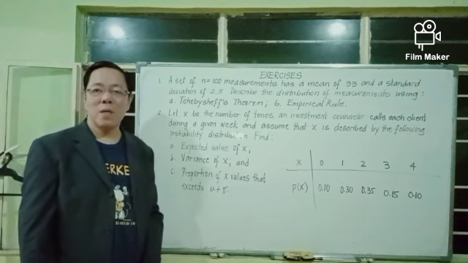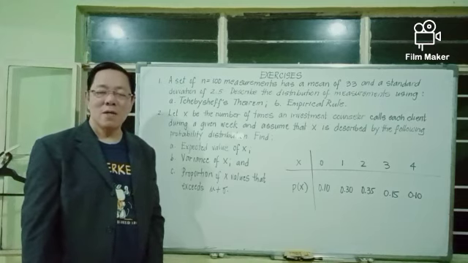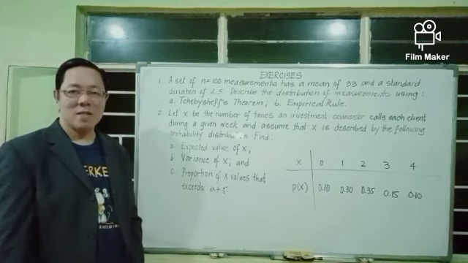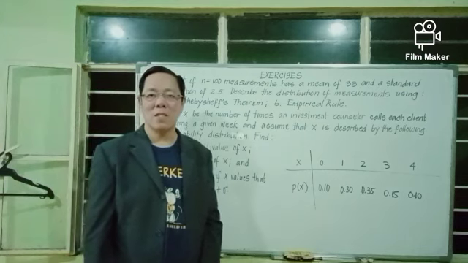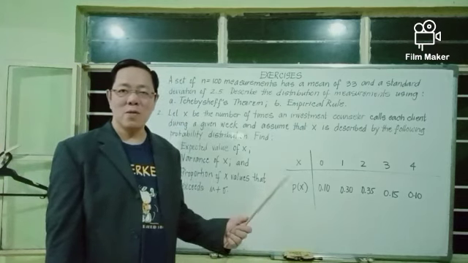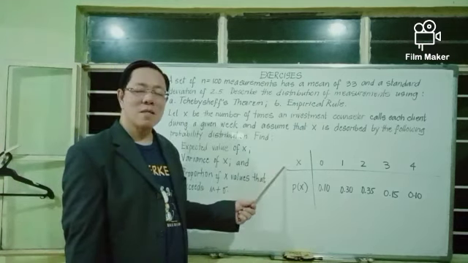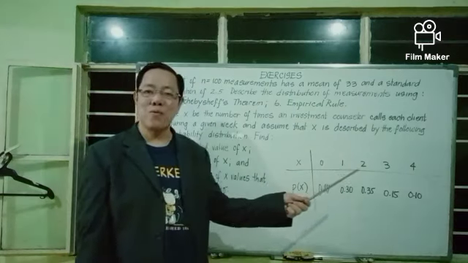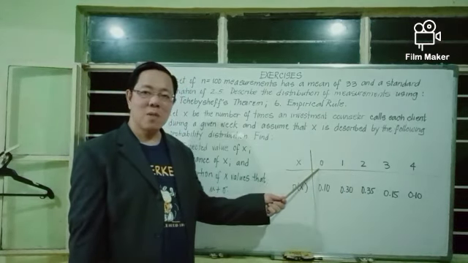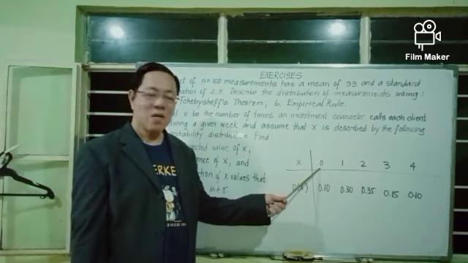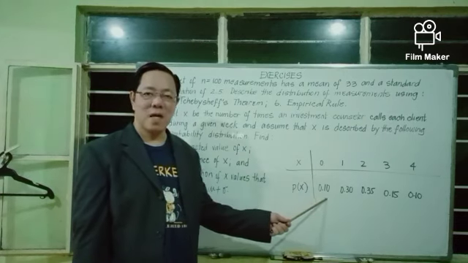In number 2, the random variable x represents the number of times that an investment counselor calls its client. And the possible values of the discrete random variable x are from 0 to 4. And the corresponding probability of each value of x is given by p of x.